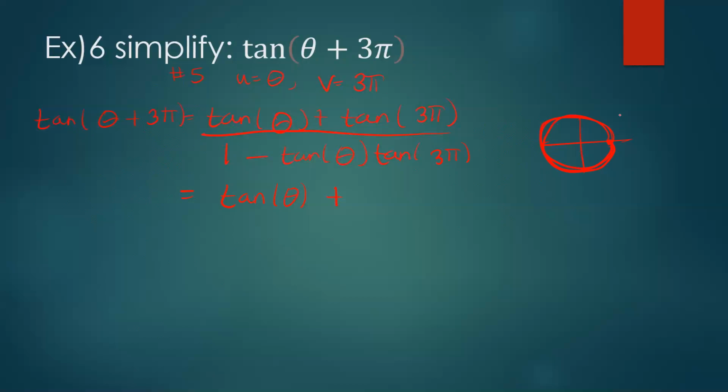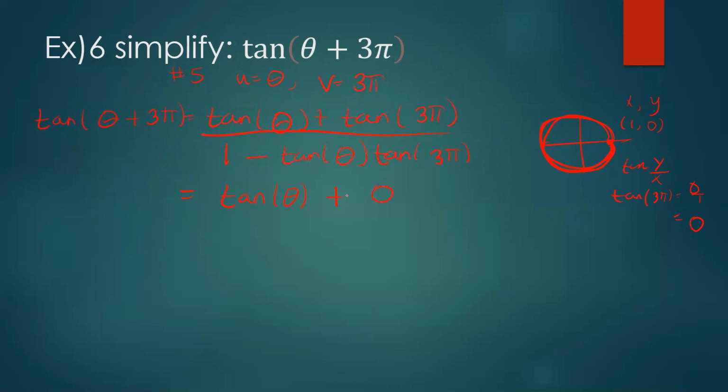The coordinate of 2 pi is 1, 0. This is your x, this is your y. So remember, tan is the same thing as y over x. So tan of 3 pi is going to have the same coordinates, so it's going to be 0 over 1, right? So it's going to be 0, not undefined.